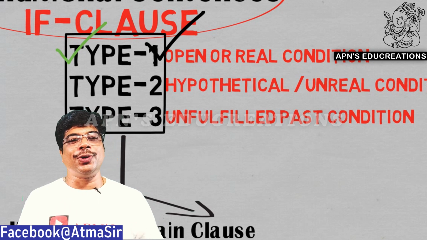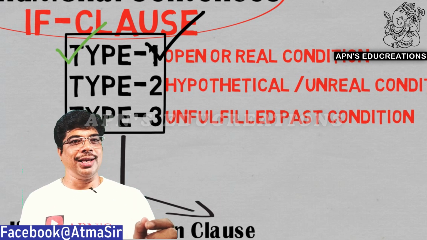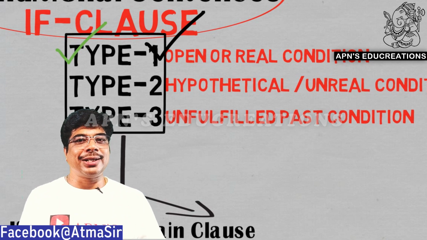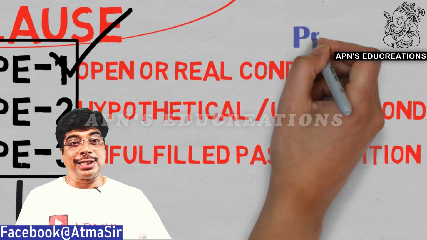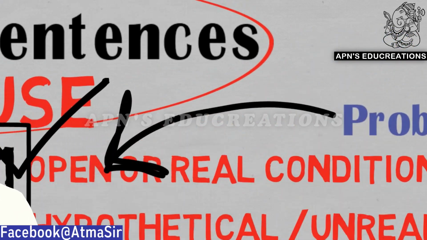This is also a real condition. We say it to be a real condition or open condition because this condition is likely to happen, or we can say it is probable. So it is called an open condition or a real condition.